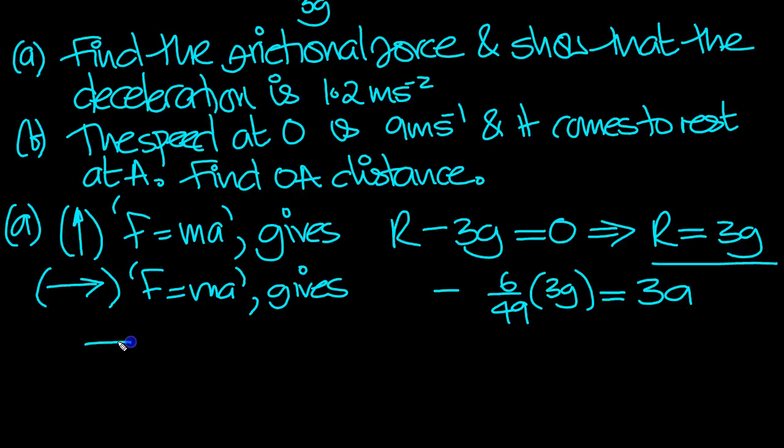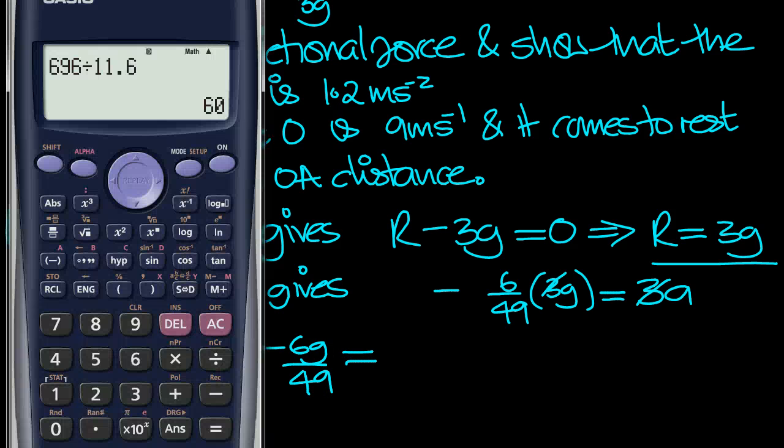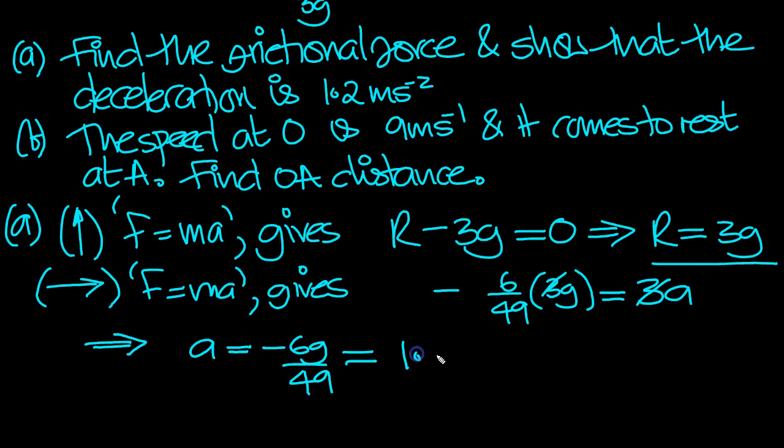So that tells us what the acceleration going forwards is. a will equal, we can cancel by 3 both sides, minus 6g/49. Let's tap that in the calculator. 6 times 9.8 divided by 49 equals 6/5, which is 1.2 meters per second squared.